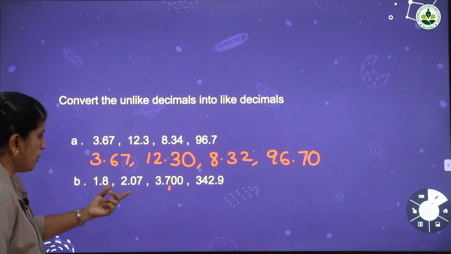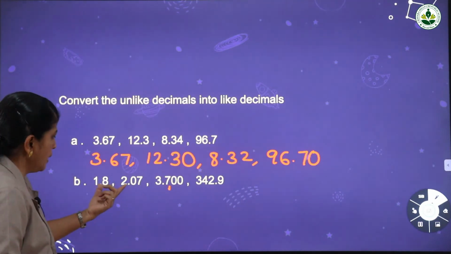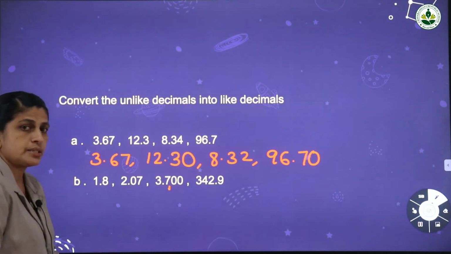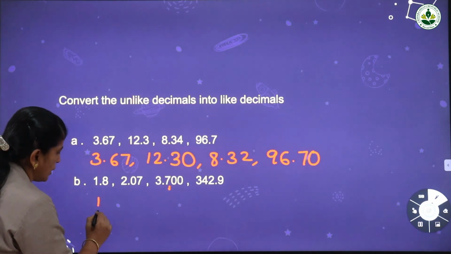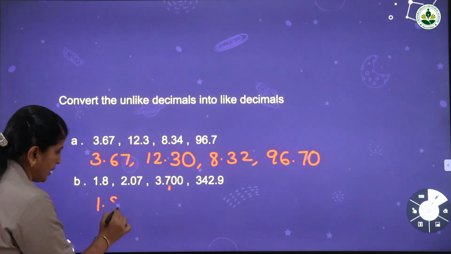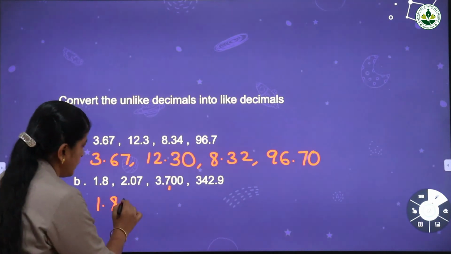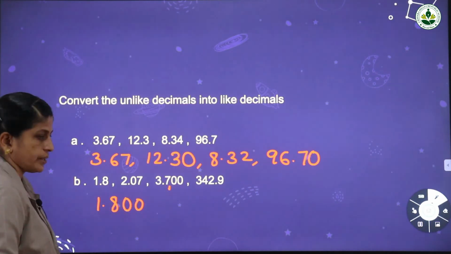Therefore, we have to make all the remaining numbers also with 3 digits after the decimal point by putting 0 at last. The first one, 1.8, has only 1 digit after the decimal point. We need to put 2 more zeros. Then it became a like decimal, 1.800.